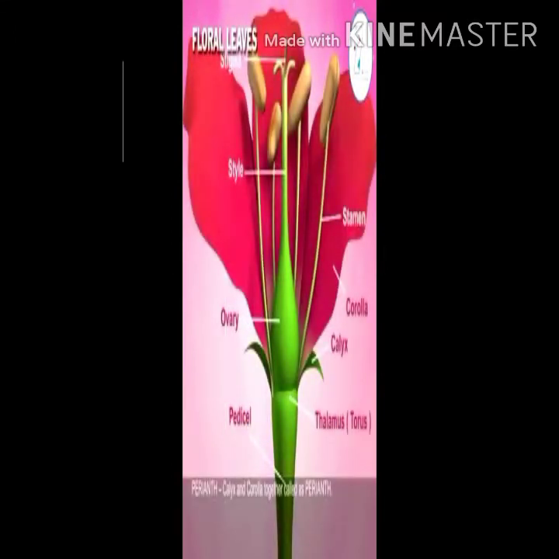Perianth: calyx and corolla together are called the perianth. The first whorl, calyx, and the second whorl, corolla, the perianth, are non-essential organs of the flower. Androecium and gynoecium are essential organs of the flower. They are involved in reproduction.